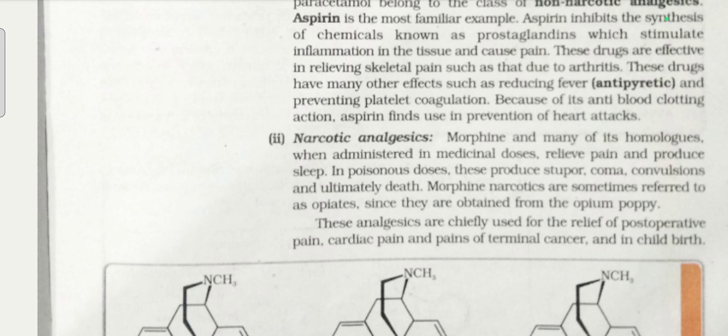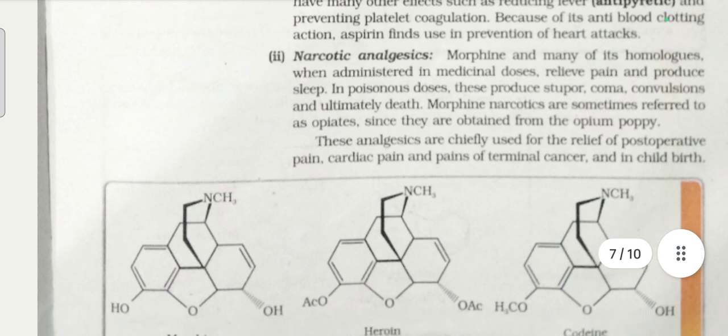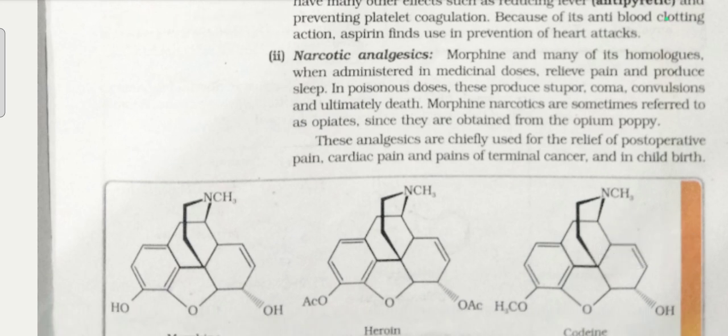Morphine narcotics are sometimes referred to as opiates since they are obtained from the opium poppy. These analgesics are chiefly used for the relief of post-operative pain, cardiac pain, pains of terminal cancer, and in childbirth.